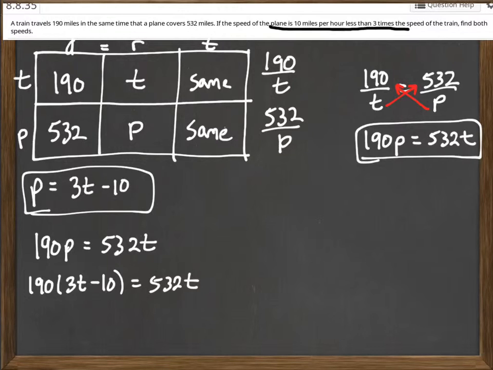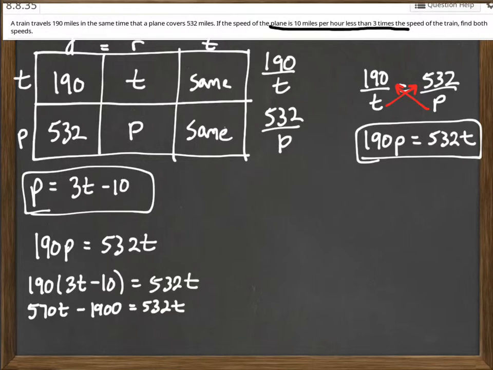As we continue on, we need to distribute the 190 through, so we're going to have 190 times 3t and 190 times 10, and so we multiply. 190 times 3t will be 570t, 190 times 10 will be 1900, and that's equal to 532t.